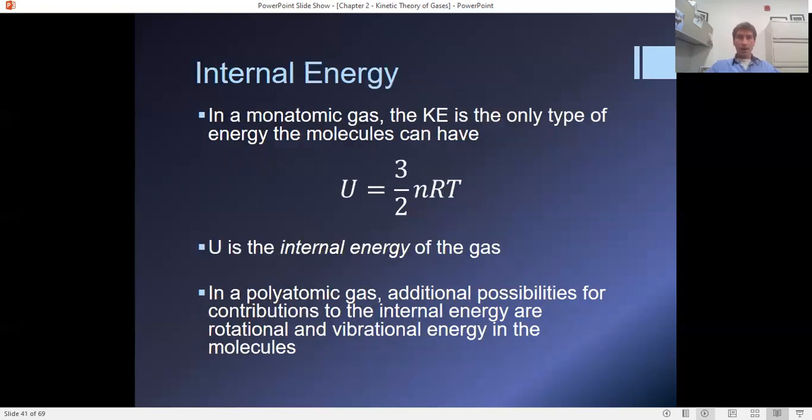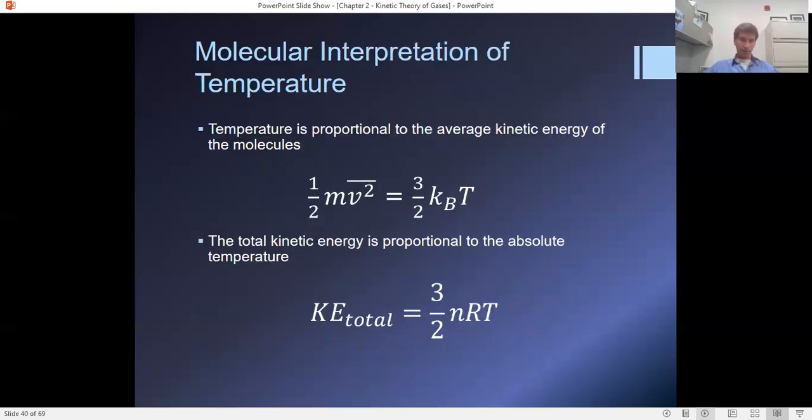Now, going back to this equation right here, that 1/2 mv squared on average is equal to 3/2 kBT. We can solve for v here.